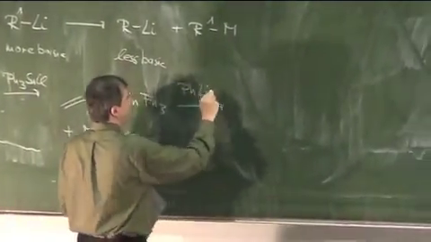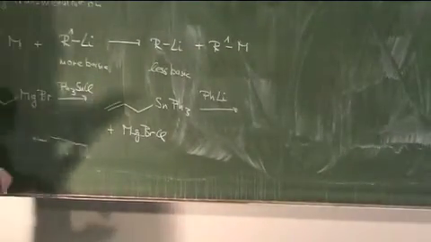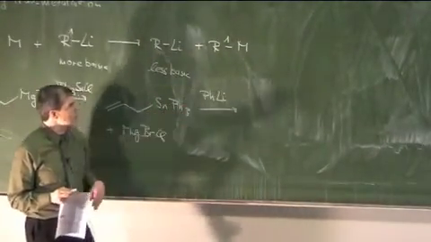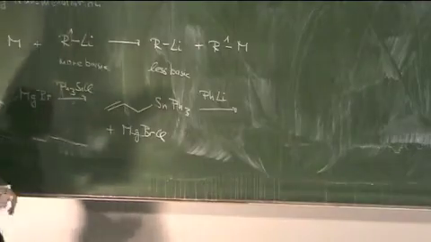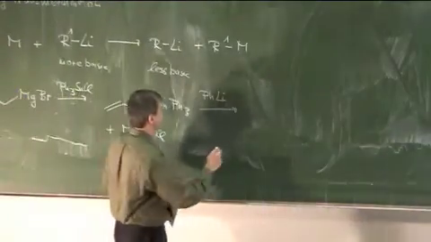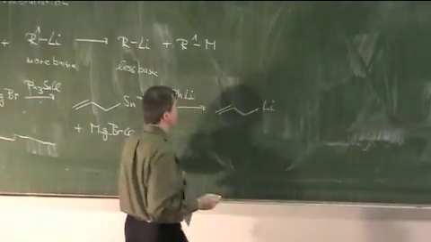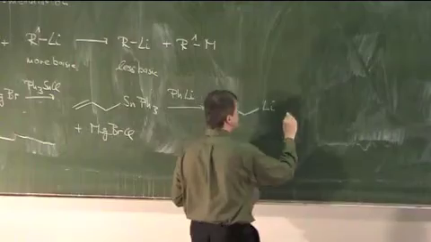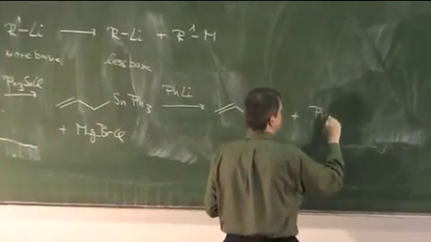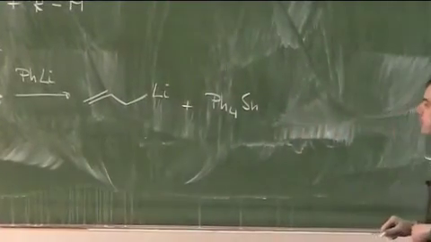However, interestingly enough, you can now go in with a more basic lithium compound here, phenyllithium. You're now even able to do a second transmetallation, which will lead to aryl lithium plus tetraphenyl tin.